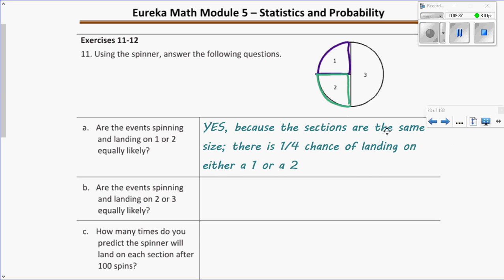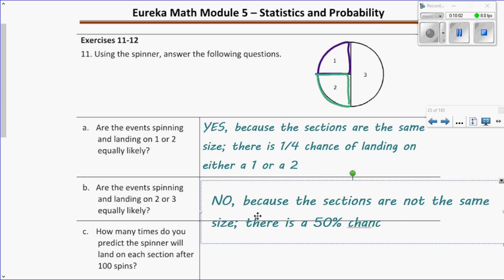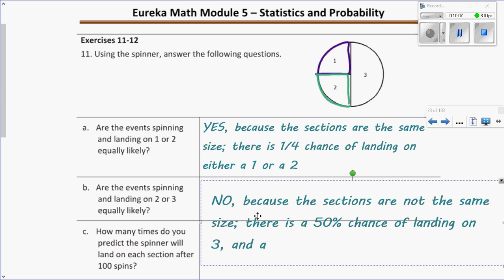But what about landing on a 2 or a 3? That one is no, and a lot of it has to do with the fact that the sections are not the same size. No, because the sections are not the same size, and we can say there is a 50% chance of landing on 3 and a 25% chance of landing on 2.